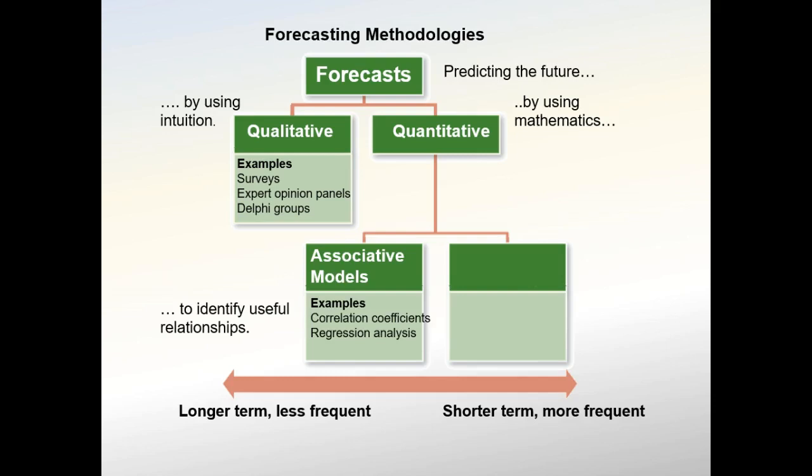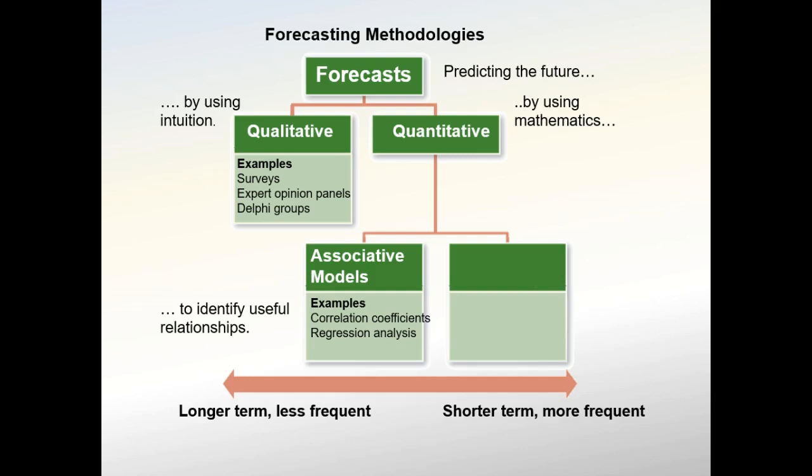Now, in general, associative or causal models identify relationships between an outcome of interest and one or more factors that might be used to predict an outcome. Associative models are therefore based on two types of variables.